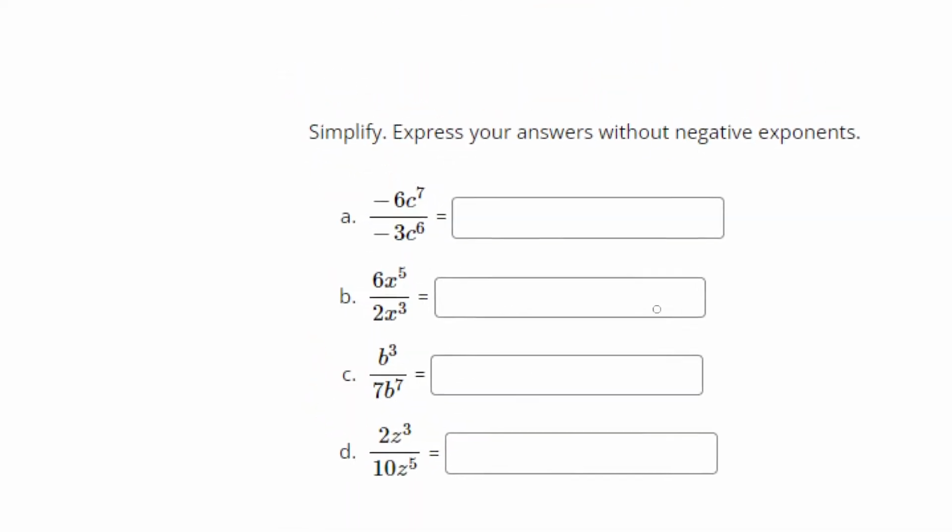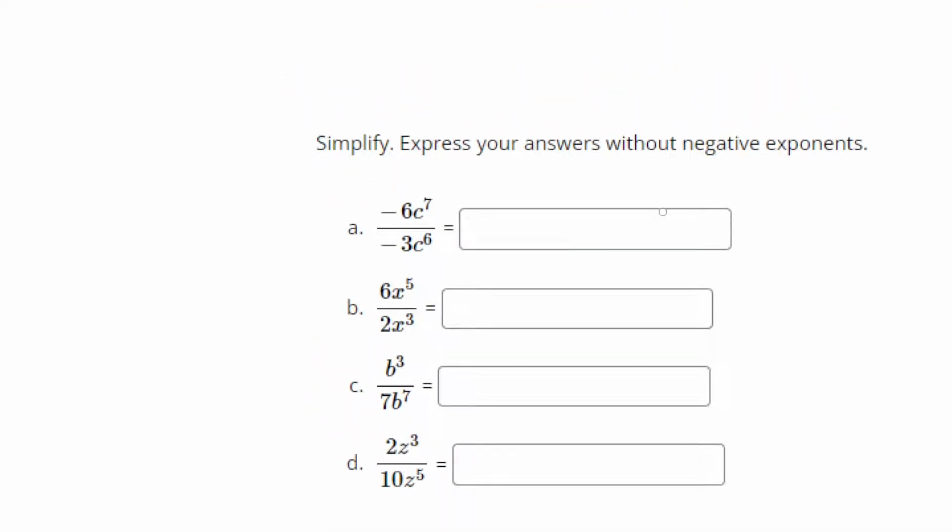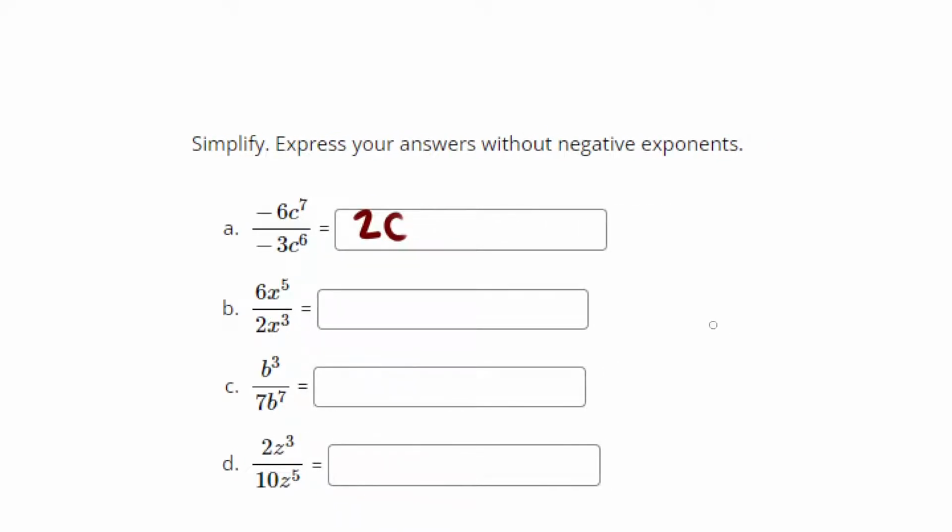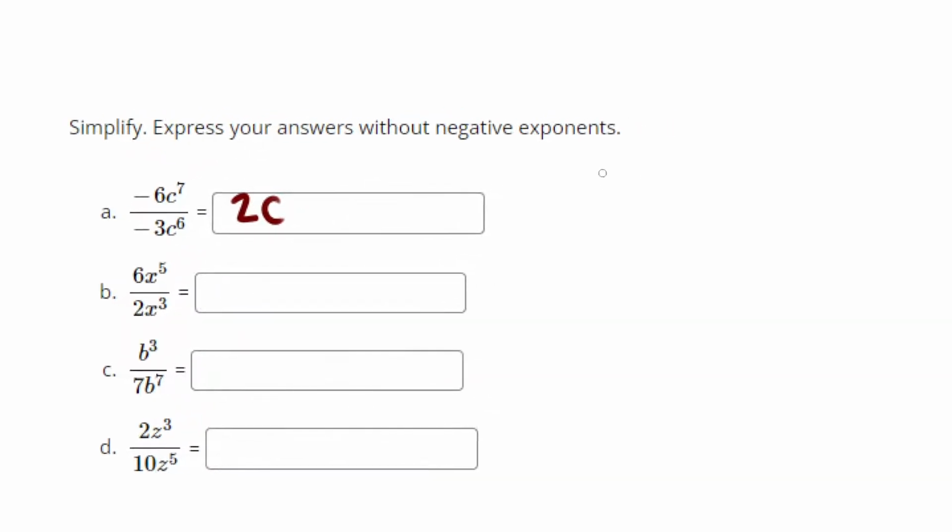Now this one's a little bit more tricky, but it's pretty much exactly the same idea. These go into each other, so we have positive 2, because negative 6 divided by negative 3 is going to be positive 2. And then we have c, because you have c to the 7th and c to the 6th. I'll expand it really quick.